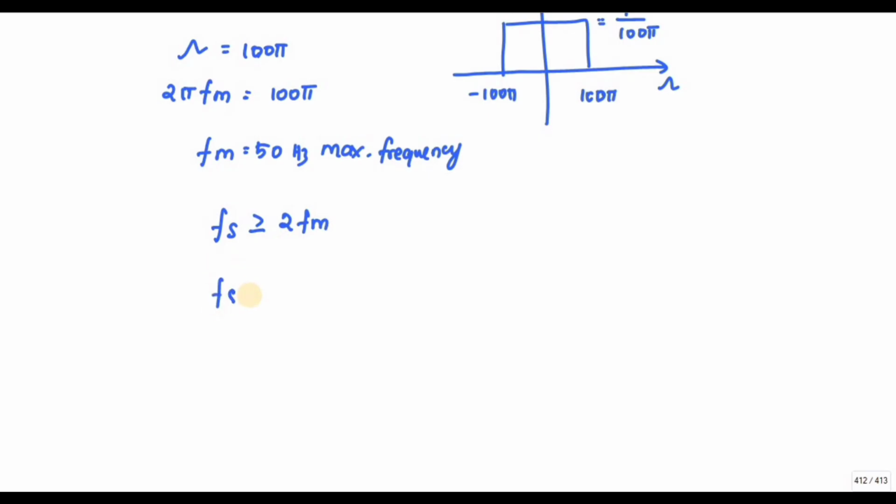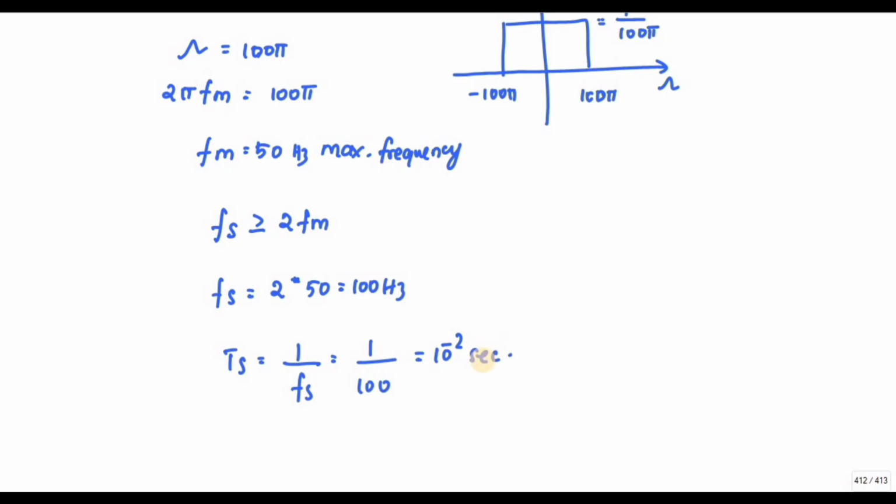So fs is equal to 2 times the maximum frequency, that is 50, which is equal to 100 hertz. Once I find the value of fs, I can find the value of Ts, that is the Nyquist sampling interval. That is nothing but 1 divided by fs, which is 1 divided by 100, equal to 10 power minus 2 seconds.